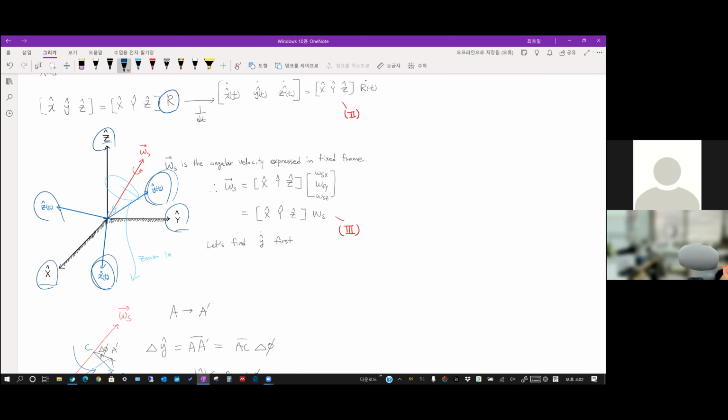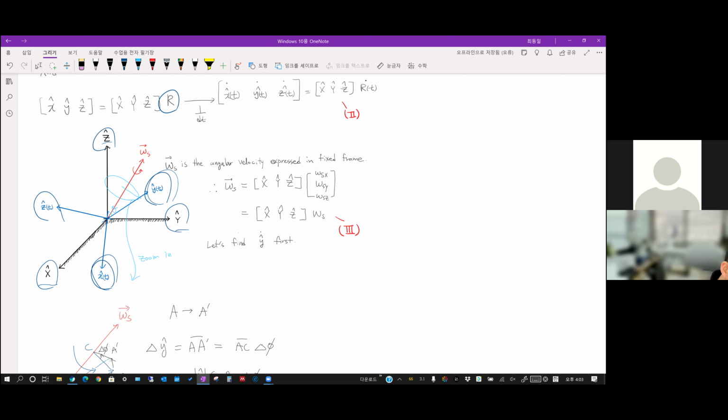So along this axis, like this, this one is x, y, z. These three axes are rotating like this. And when it rotates, it has a rotating vector. So the rotating vector is omega s here.